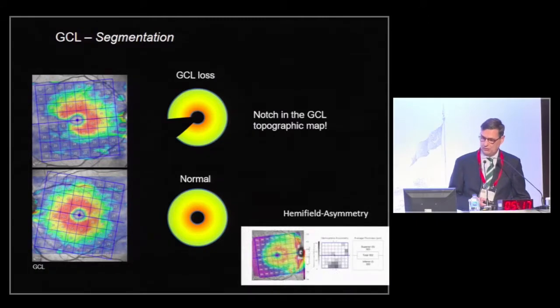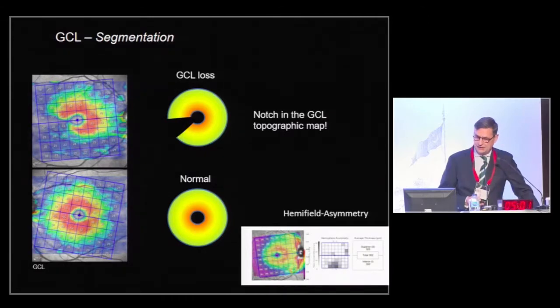But it's also important to compare the upper hemifield with the lower hemifield, because asymmetry is a very sensitive indicator for early disease. Either you take the right or left eye or the upper and lower hemifield, like here in the ganglion cell analysis.